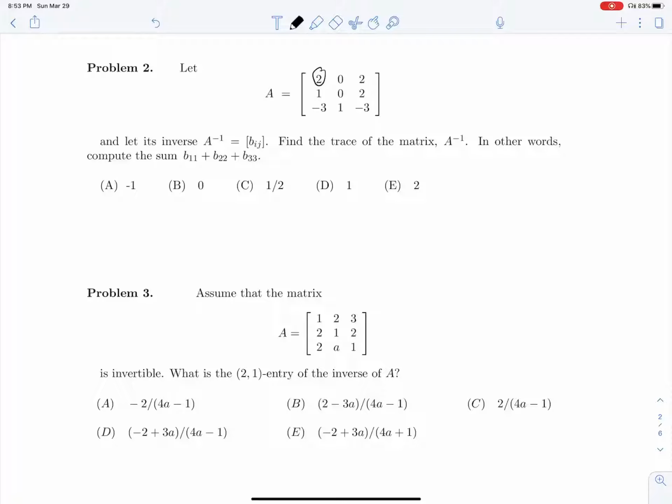We're going to do 2 multiplied by the determinant of that submatrix formed by canceling out the row and column that 2 is in, multiplied by -0, okay, gotta be careful there, times the submatrix formed by crossing out the row and column, and then we'll do the same thing with +2 here, multiplied by the determinant of that submatrix.